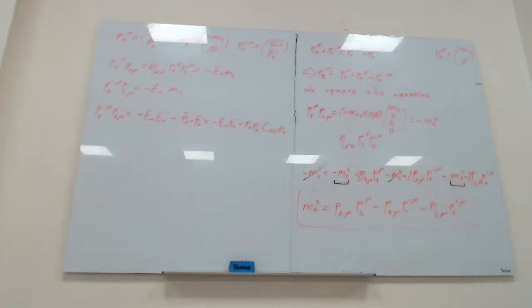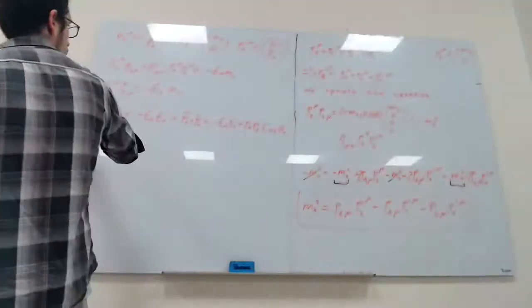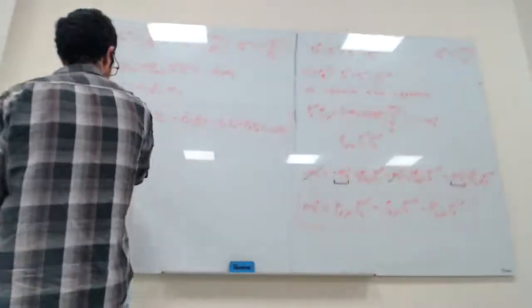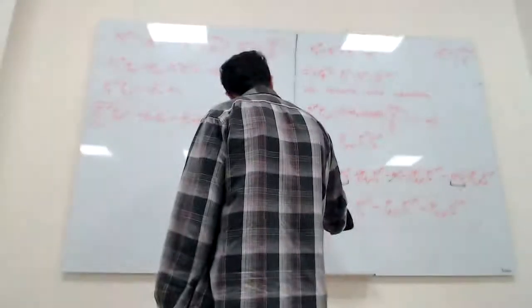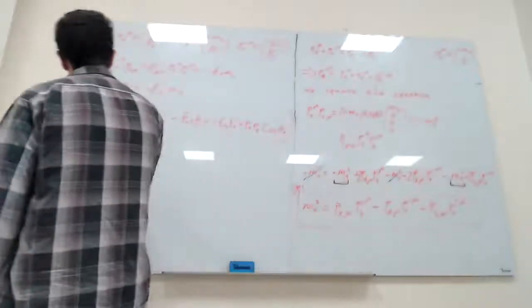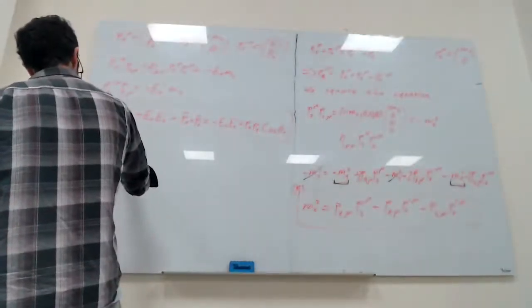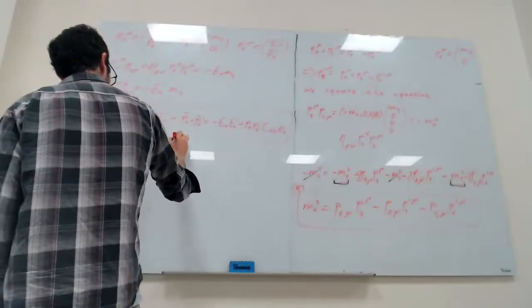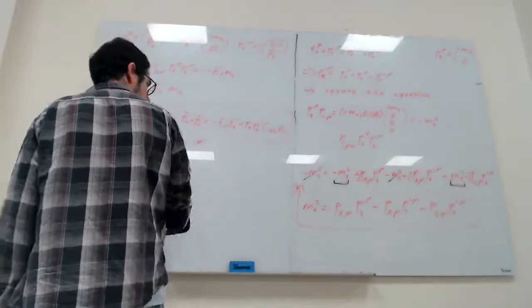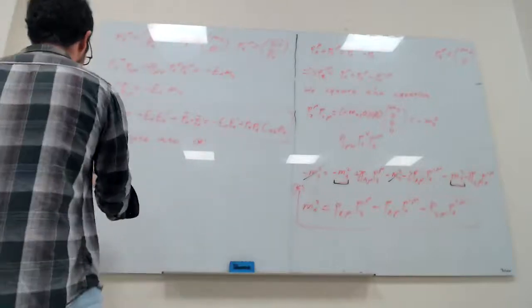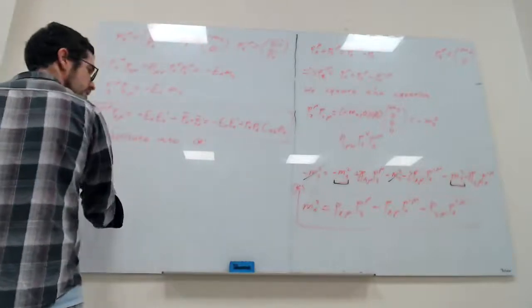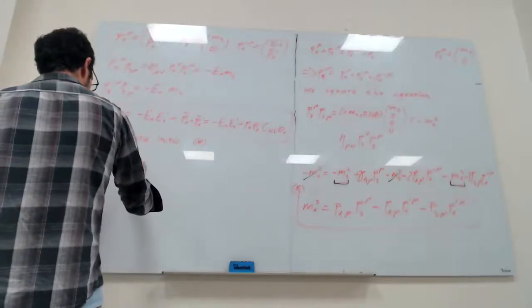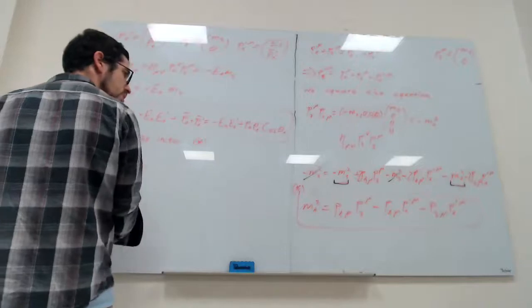Now we just substitute into star, we get m1 squared equals minus e1 and 2.